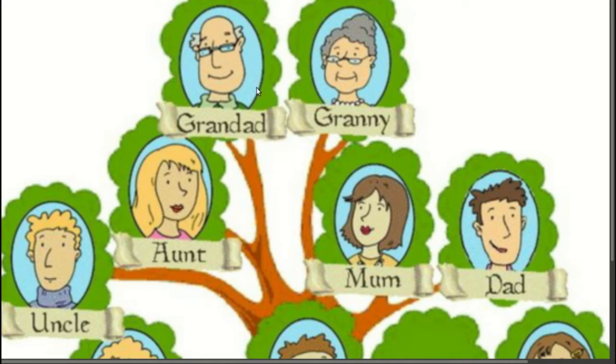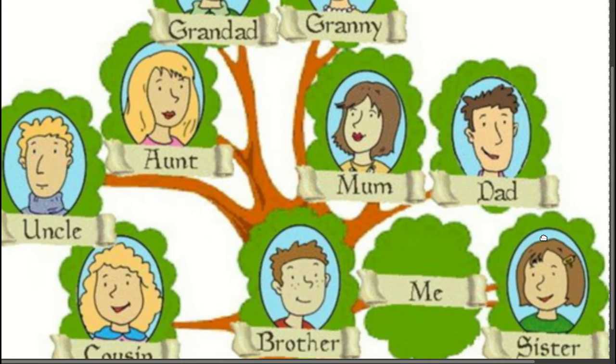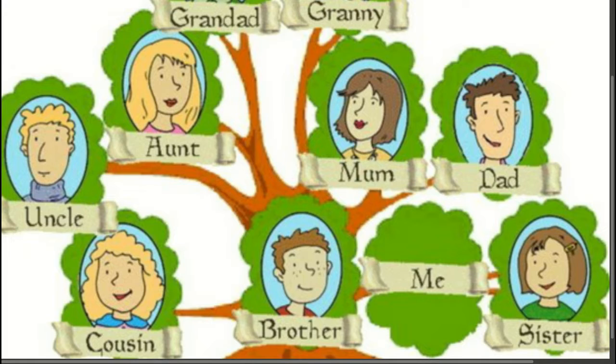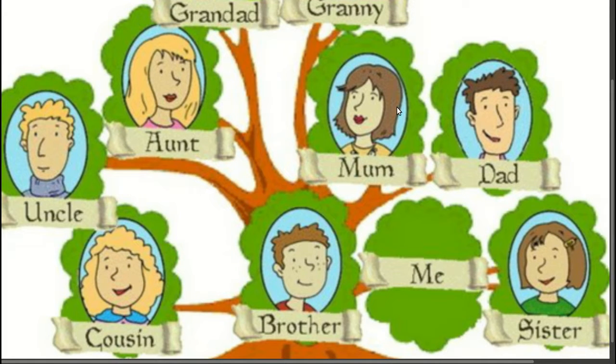The DNA from grandmother and grandfather goes down to their children. What are your aunt? What are your uncle? Your mom? And then a new generation, as an example, your dad, who is from another family. Then the DNA passes from your grandmother and grandfather to your mother. From your mother, it passes through to you.